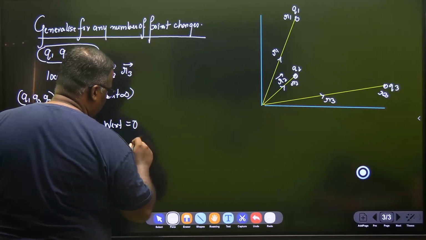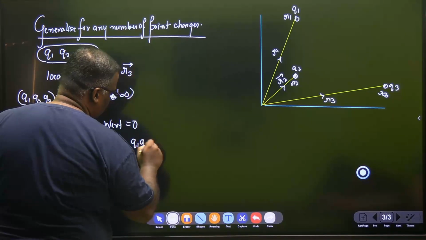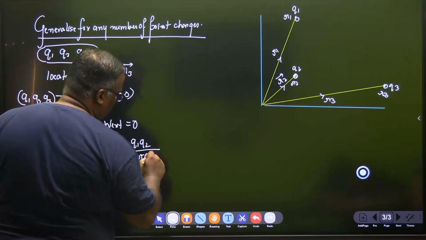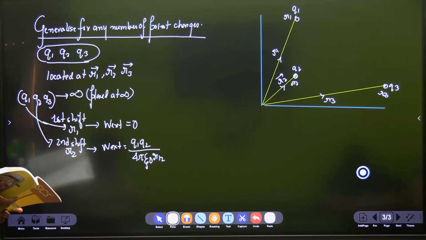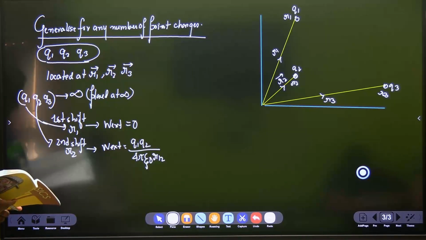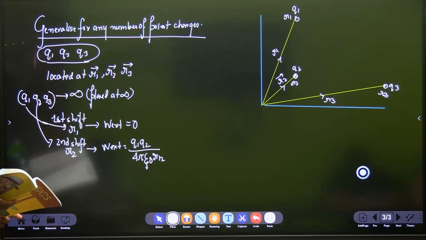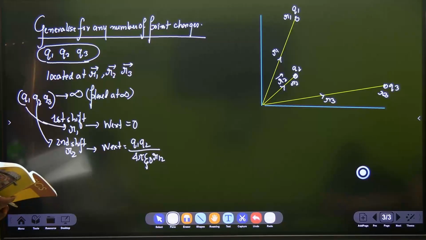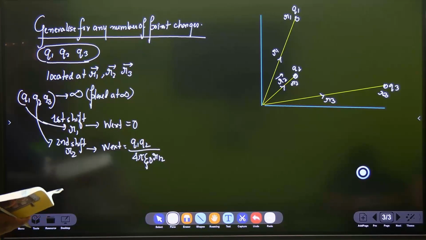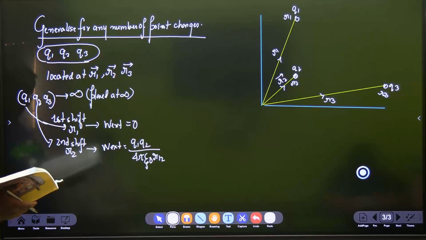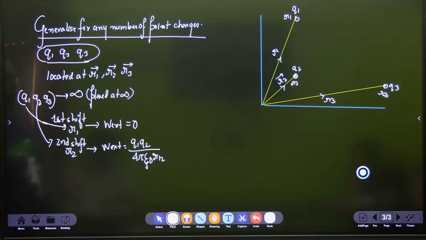This work done will be given by Q1 Q2 divided by 4 pi epsilon 0 R12. This is what we have studied.